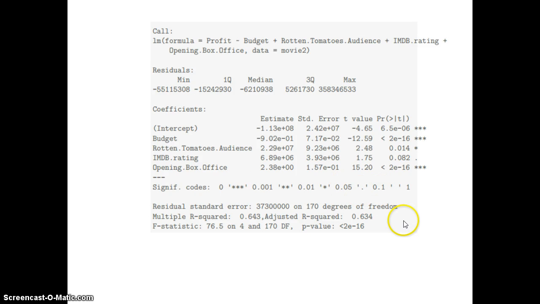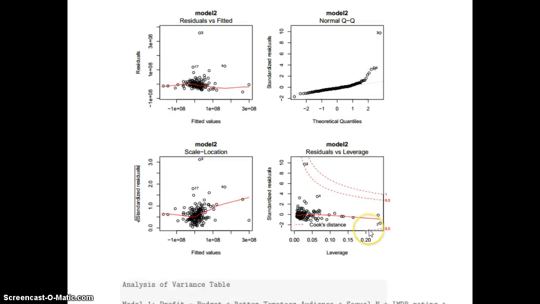And in this one, we have that the IMDb rating is the least significant variable for explaining profit. And the r squared is still about the same, 0.64, 0.63. Not much has changed. When we look at the QQ plots, we do see that the QQ plot has a pretty close line, but then it kind of trails off here.